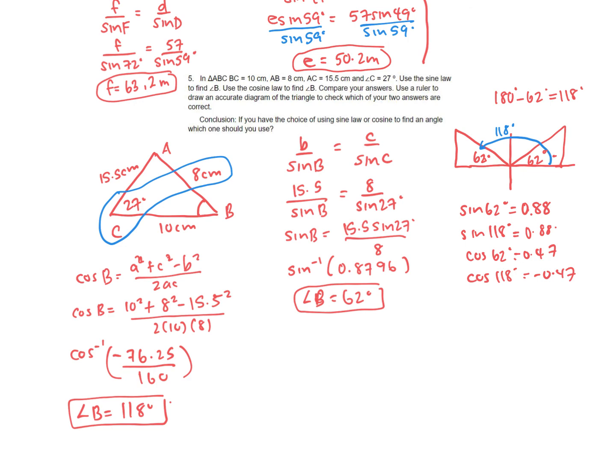So you might think it's 62 when actually it's a supplementary 118, because your calculator doesn't know the difference in those angles because the ratio is positive in both cases. When you use cosine law, your calculator knows the difference in those angles because one will be positive and one will be negative. So your conclusion is that if you had an option, it is better to use cosine law than sine law.